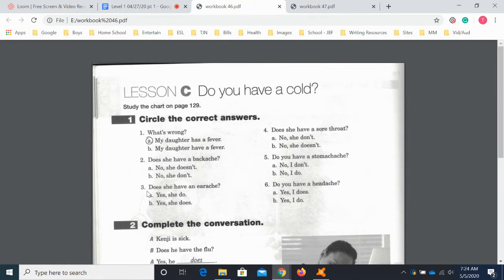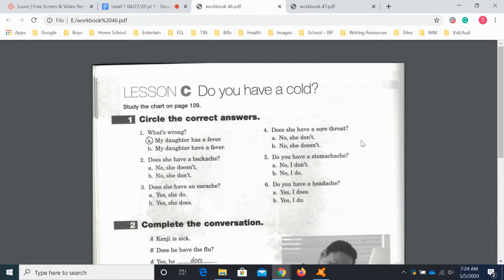Number 3, does she have an earache? And it's either yes, she do, or yes, she does. Which is the correct one? B, yes, she does. Number 4, does she have a sore throat? No, she don't, or no, she doesn't.